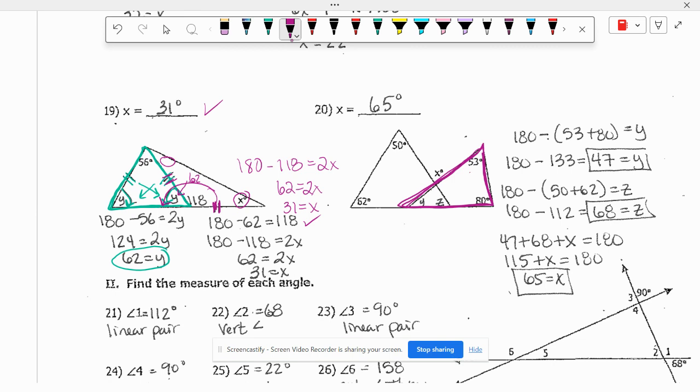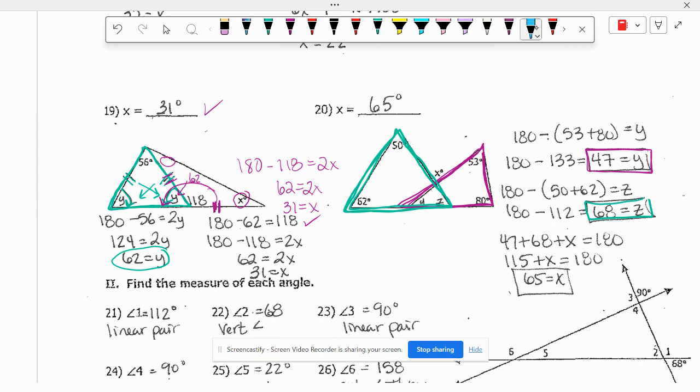So Y equals 47. That's this measure right here. And then I'm going to use this triangle and find the measure of angle Z. So 180 minus 50 minus 62 is 68.